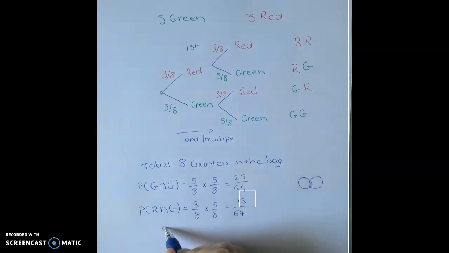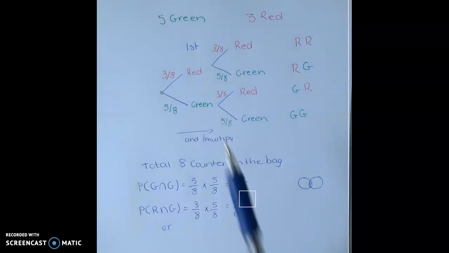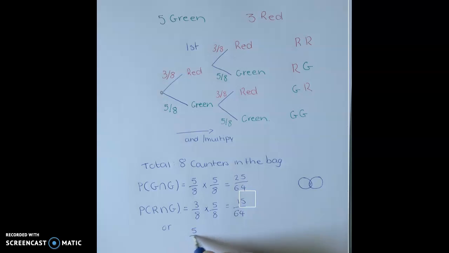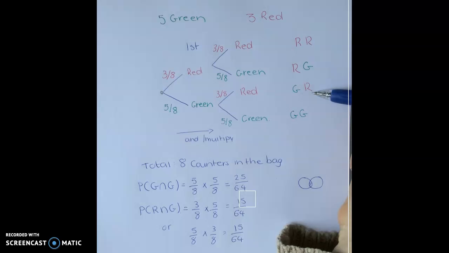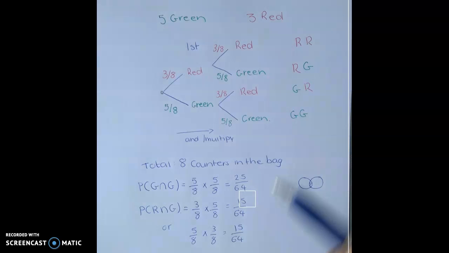The second way that we can pick a red and a green counter is if we pick a green counter first and then we pick a red counter, so that would be 5/8 times 3/8, and that also equals 15/64. So we've got the red and green here and the green and red here. So we have this one, this way or this way. So when we have an or situation, we add them together.